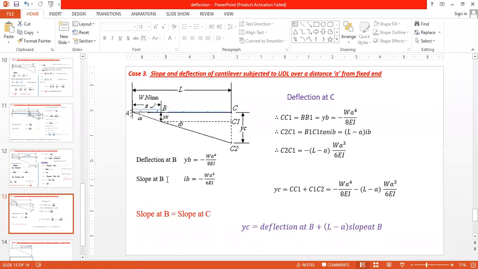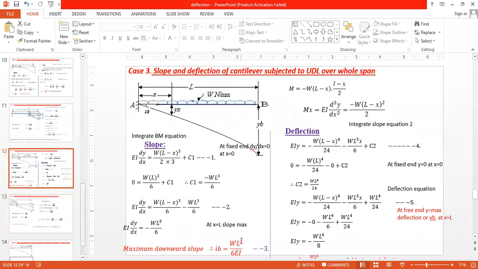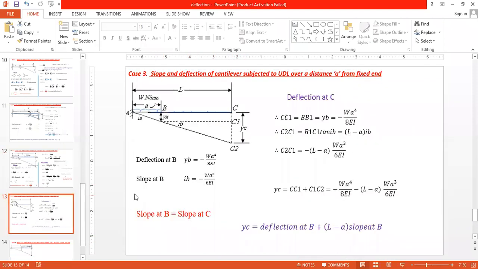Now slope at b is also the same as the last case. It is w L cube, and L will be replaced by a, so it is minus w L cube divided by 6 EI, that is minus w a cube divided by 6 EI. Already I have told you slope at b is equal to the slope at c, so it is not necessary to calculate the slope at c.